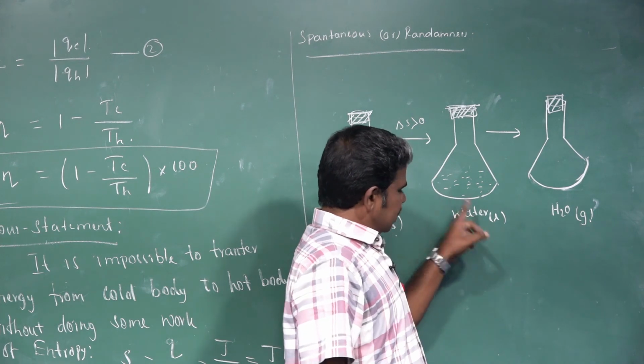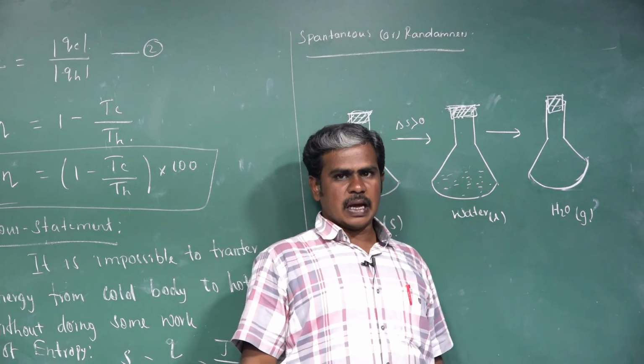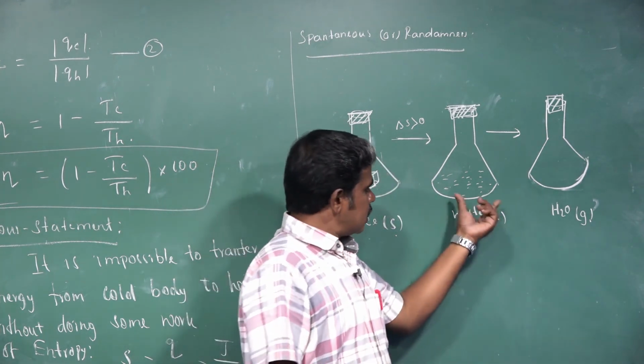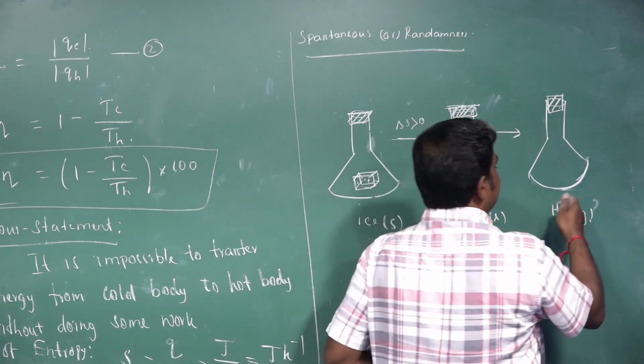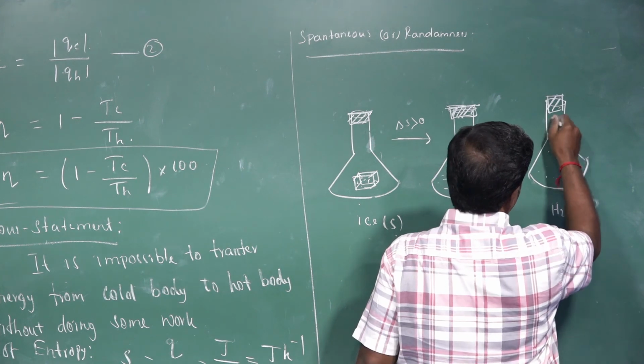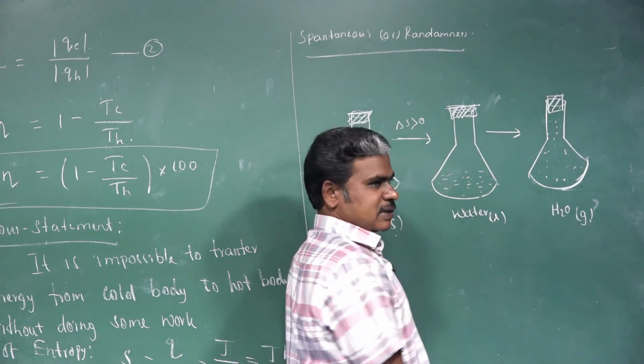Now we are taking liquid water, that is evaporation of seawater. It is a spontaneous process, a natural process, you know that. Here the water molecule is converted into gas. Then what will happen? The randomness increases.